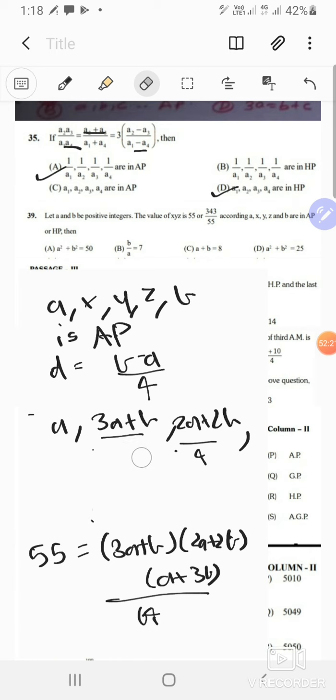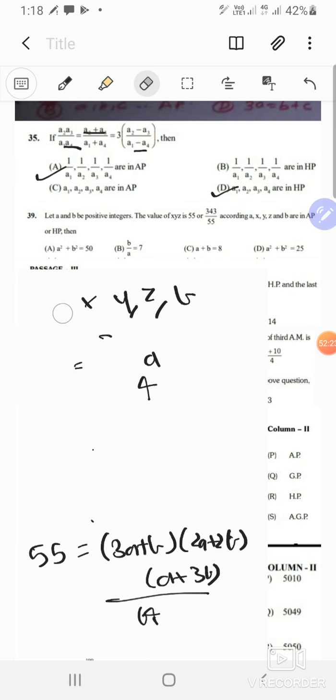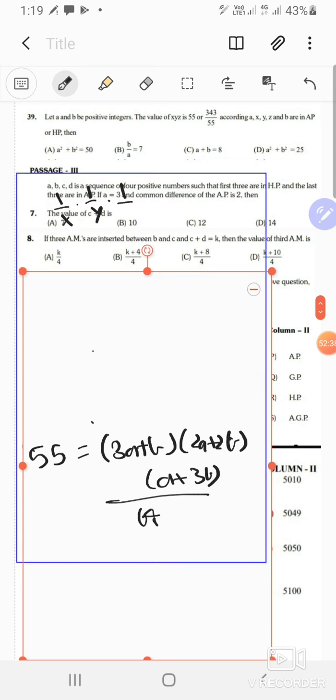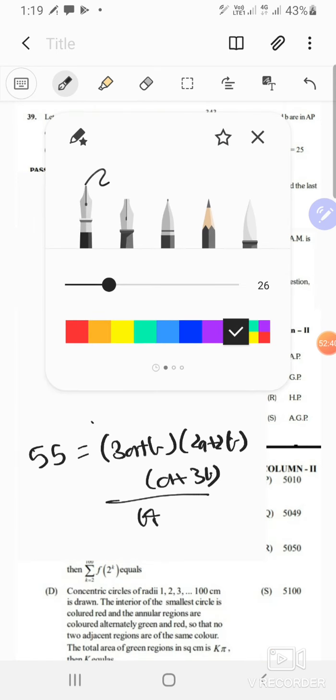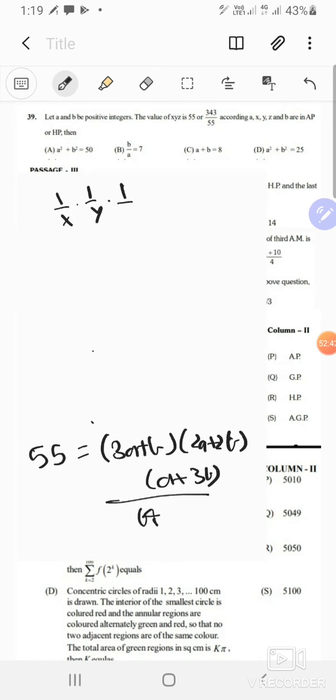Now if these are in a harmonic progression, then the same thing is going to happen. Just the thing would be that 1 upon x into 1 upon y into 1 upon z. This thing would be the equivalent of the product which we calculated over here, right?